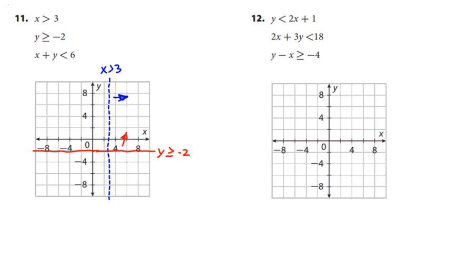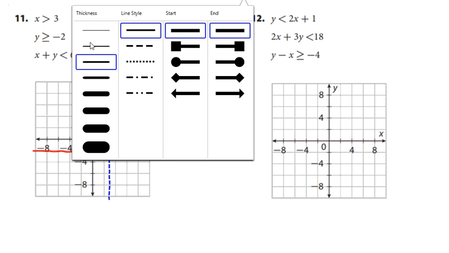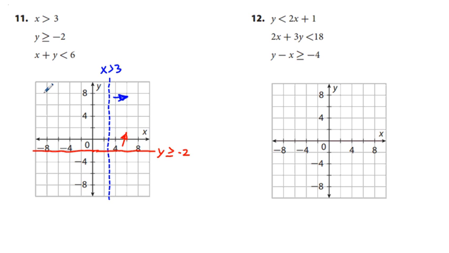Make that color coded in green. We have x plus y is less than 6. So we subtract x. So we have y is less than -x plus 6.